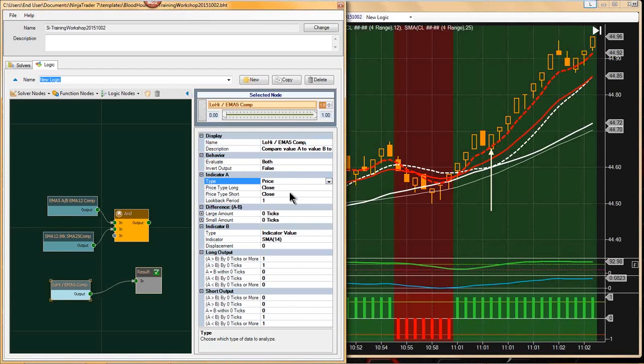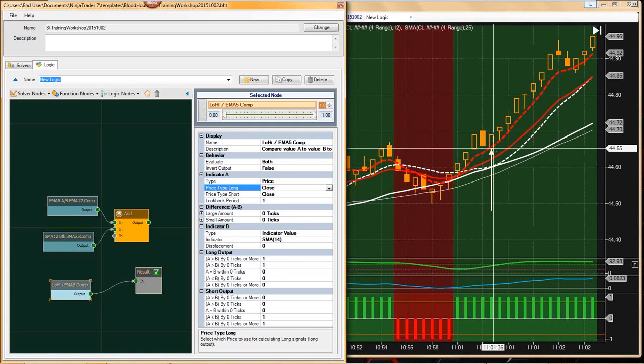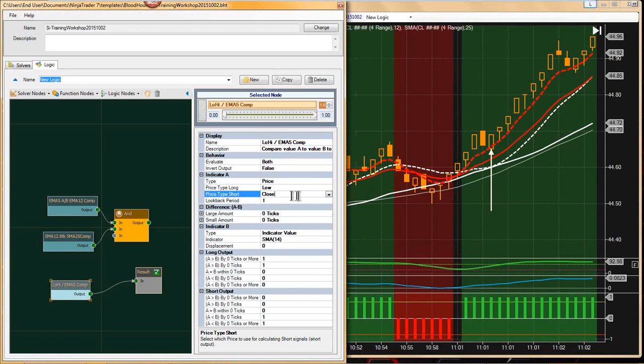And so for a long signal, we're looking for the low. We're using the low price of the bar to generate this long signal up, when the low touches that EMA. So we'll set long to the low price. And then shorts will be the opposite of the low, so we'll set that to the high price.